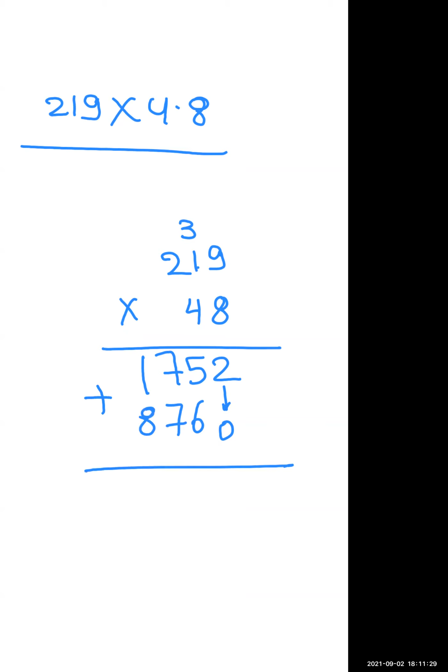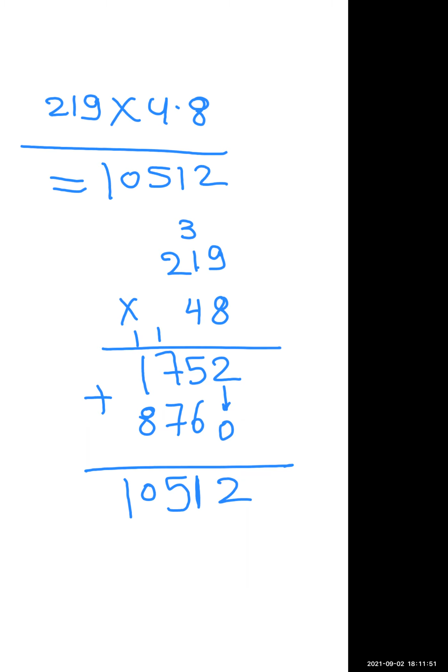Then add the two numbers. 2 plus 0, 2. 5 plus 6, 11. Write down 1 and carry over 1. 1 plus 7, 8. Plus 7, 15. Write 5 and carry over 1. 1 plus 1, 2. Plus 8, 10. Now, the answer will equal 1, 0, 5, 1, 2.